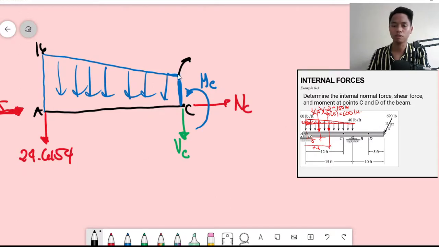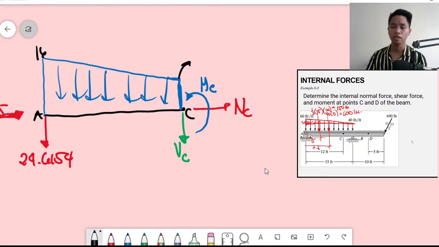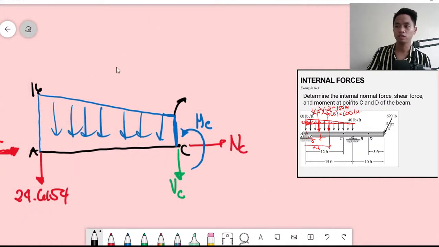Now, what is the value here? You can solve this using ratio and proportion.